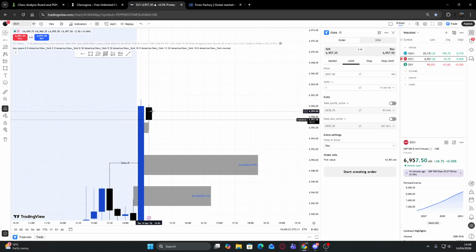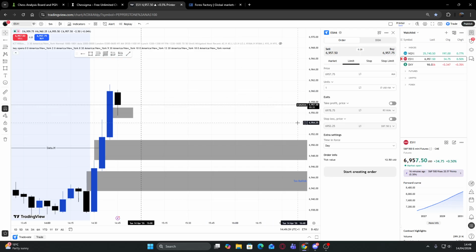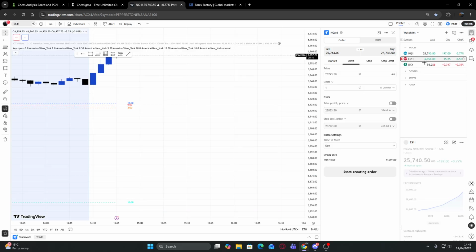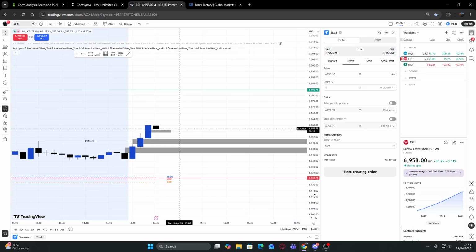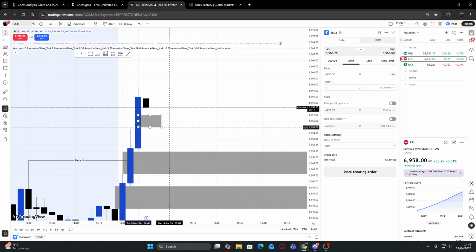I want to make sure I know when the next 15-minute candle is. So I'm just going to add a line here so I can see the closes. Still up above. We leave another 5-minute, which we could give a reaction from.